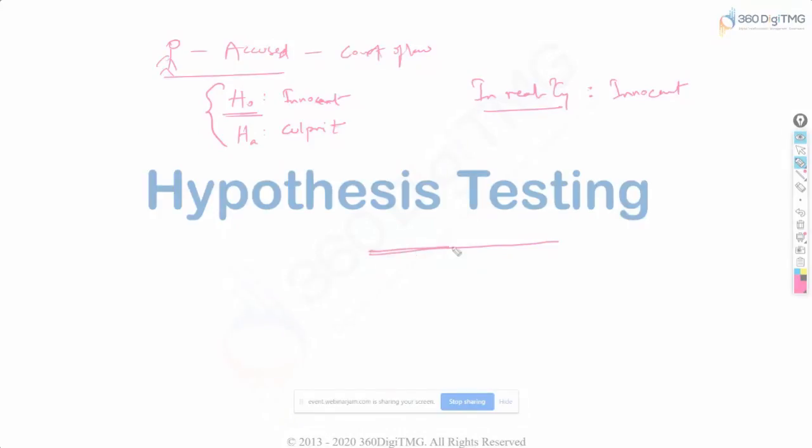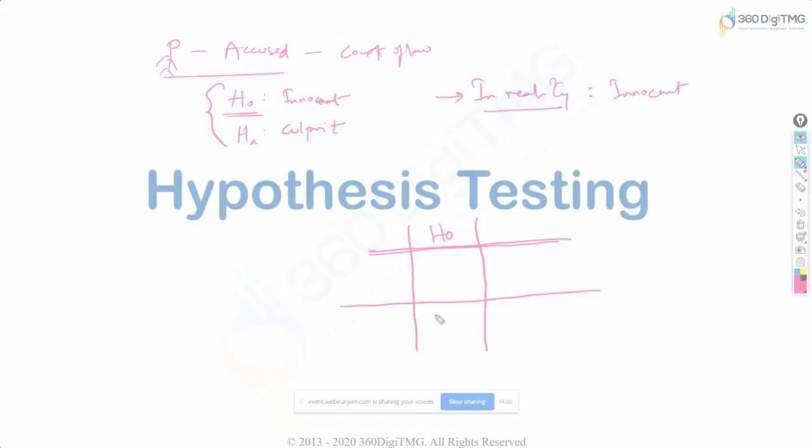So I'll basically draw this. I'll say H0 is true. In reality, we are assuming this person has not committed any crime. So H0 is true. When the person did not commit the crime, then he should be released, right? He should not be punished.